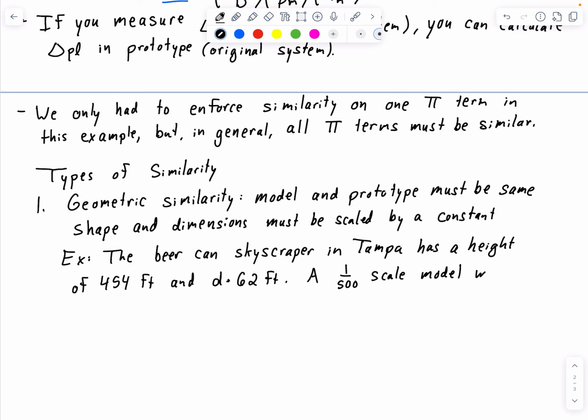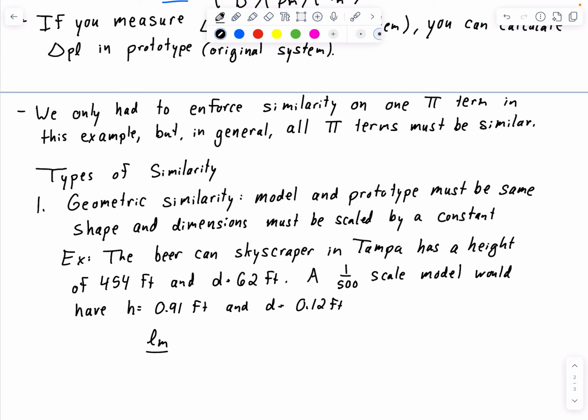And that would have a height of 0.91 feet and a diameter of 0.12 feet. So we're just dividing the height and the diameter by 500, and we can write that expression as this ratio.